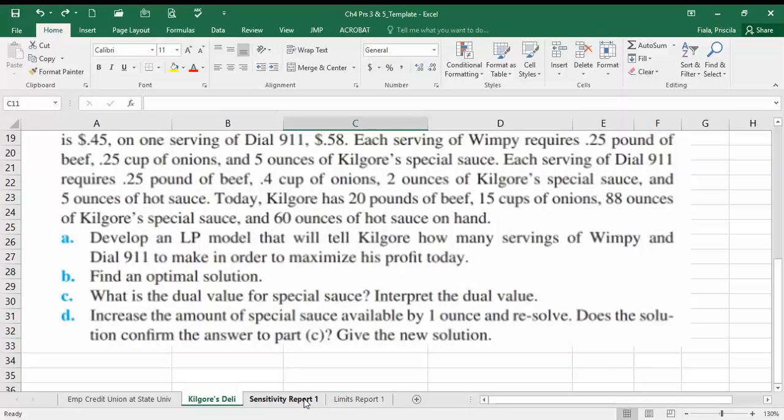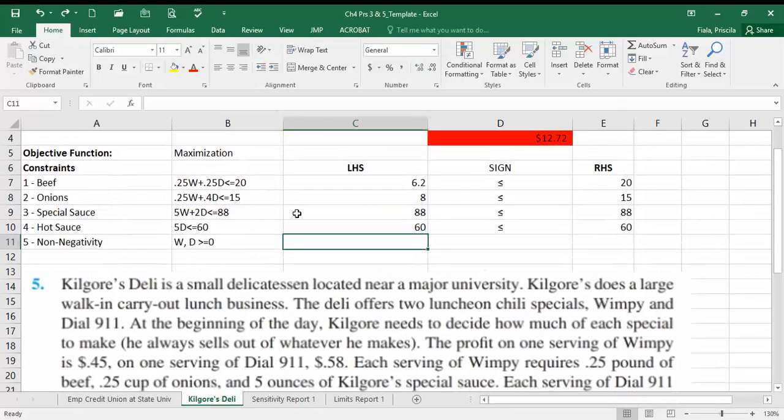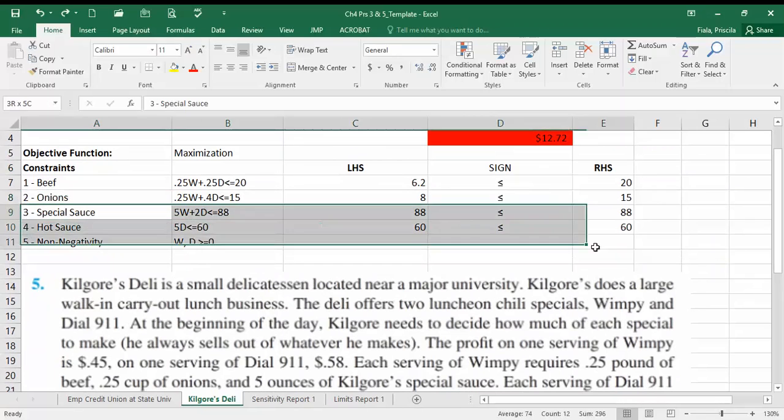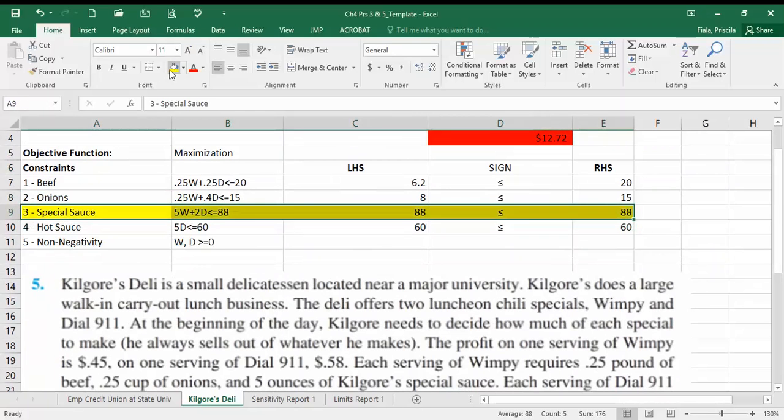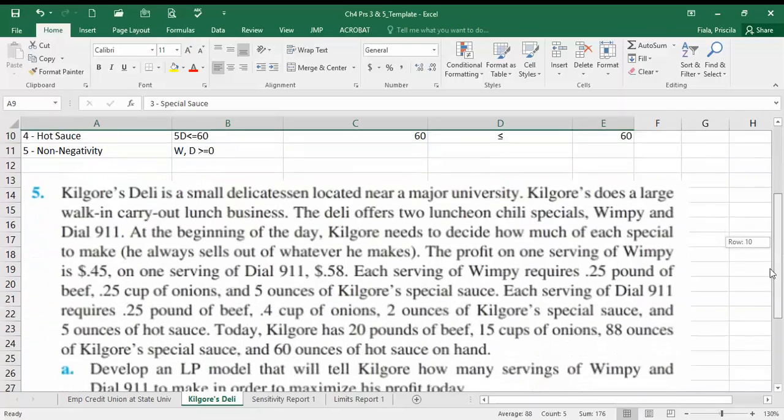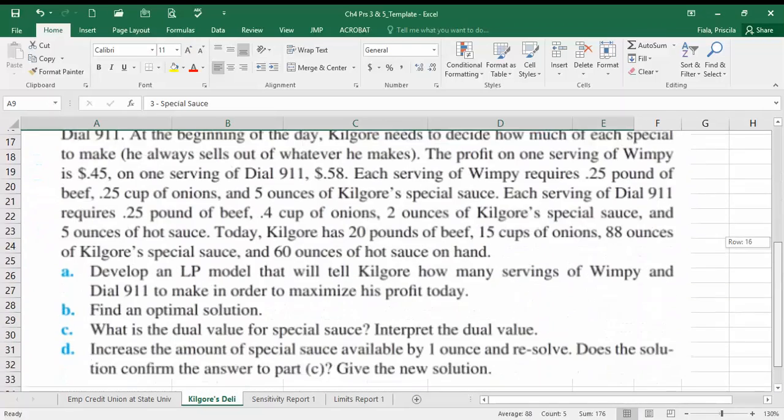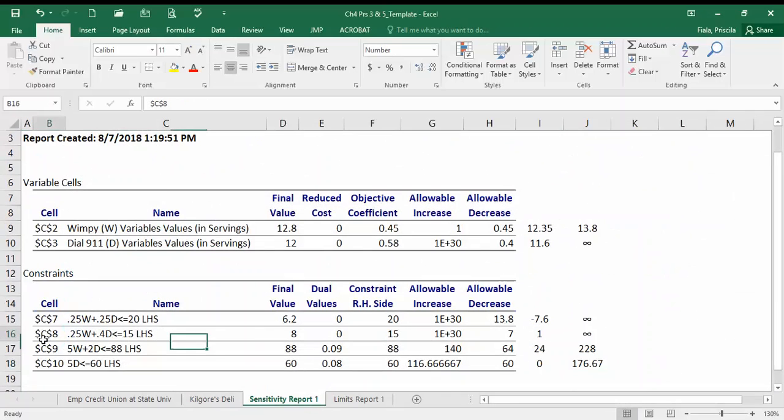So let's go ahead back. So the dual value for special sauce. First of all, let's go back here. Which one is my special sauce? Right here. So my constraint number 3 is my dual value, which you could go ahead and rename if you want, special sauce, so you remember.